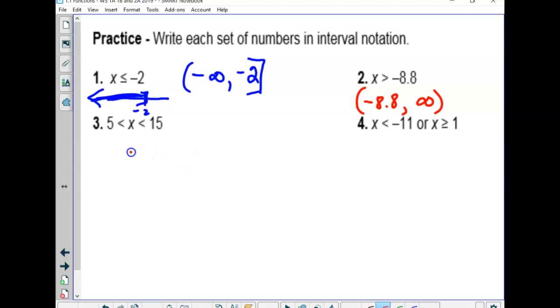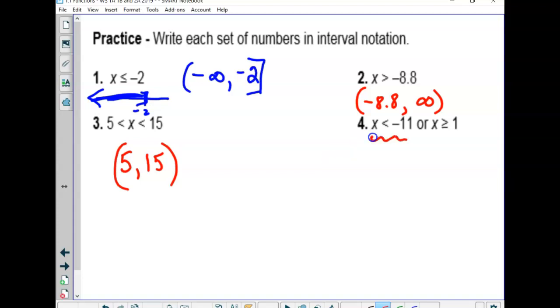Okay. Number 5 is super easy. It's just everything between 5 and 15, and because the or equal to's aren't there, it's just parentheses. That one looks like an ordered pair to me, right? It would depend on the context of the question. All right, but what about number 4? Anybody think they got that one? Okay.